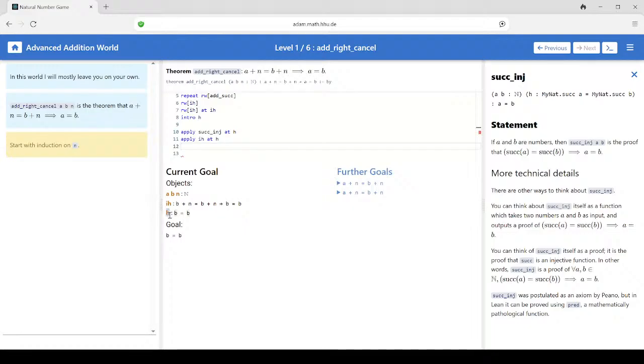I'm gonna apply H to the goal, and it's not gonna do anything. It's not gonna work. Nope.